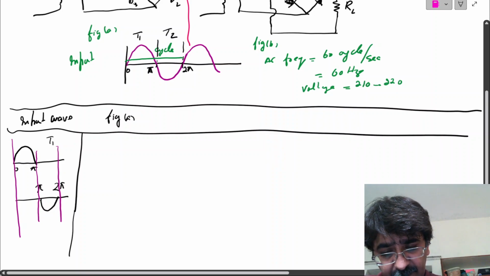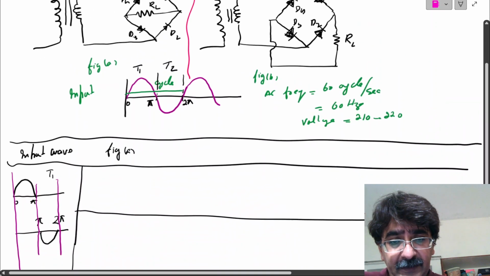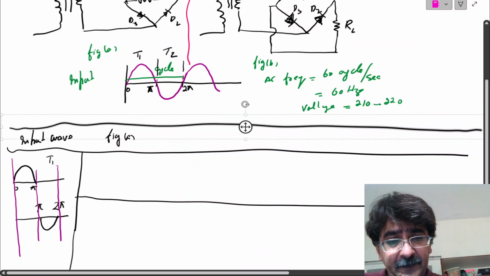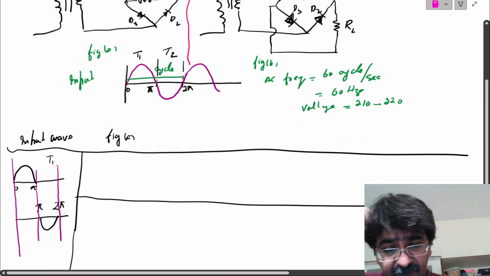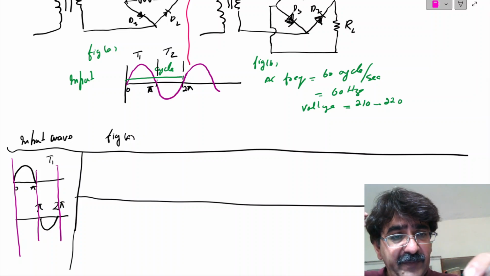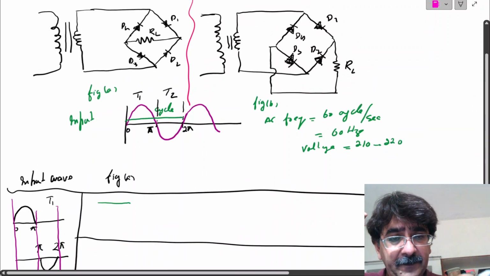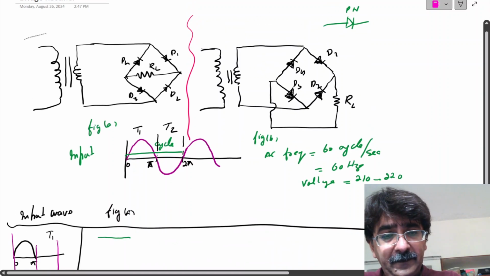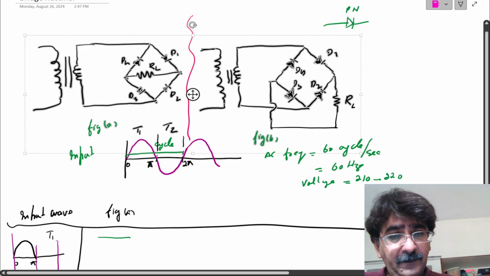So this is fig A. Now I will draw the equivalent diagram for fig A. I am resizing it so that we can easily understand this diagram.